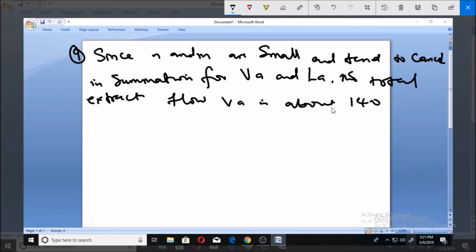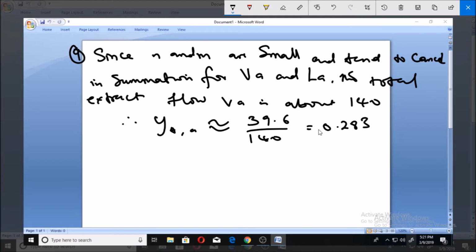Instead of having 139.6, we approximated it to 140, so that you can simply say that YA is approximately 39.6 over 140, which is actually 0.283, and XA is 0.4 over 60, instead of saying 60.4, which is approximately 0.0067.